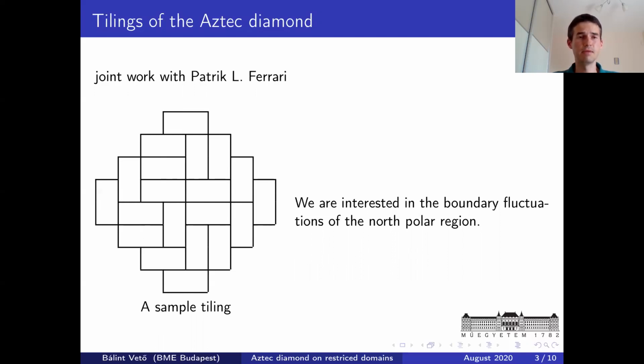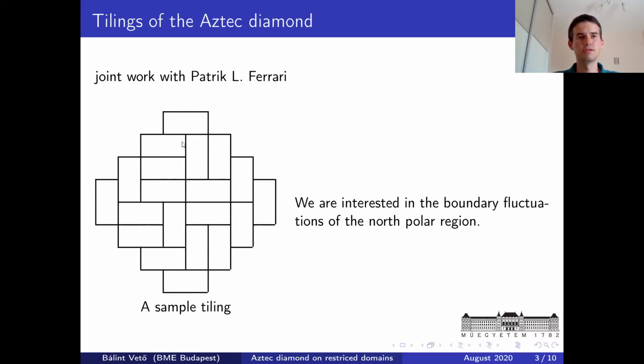And by symmetry, of course, it is enough to consider one of the corners. We take the top one, which is called the north corner, and therefore we call this region the north polar region, that consists in this example only of these 2 dominoes.